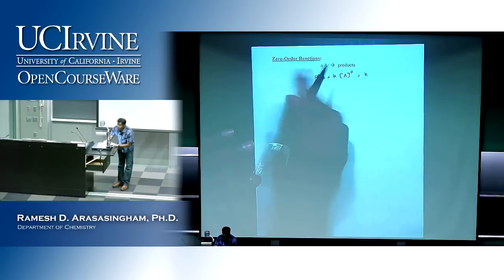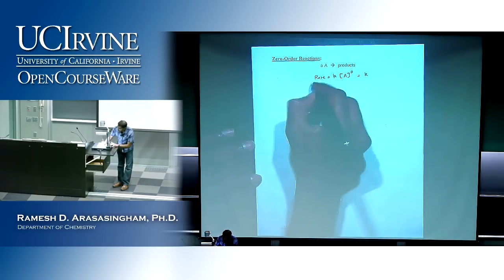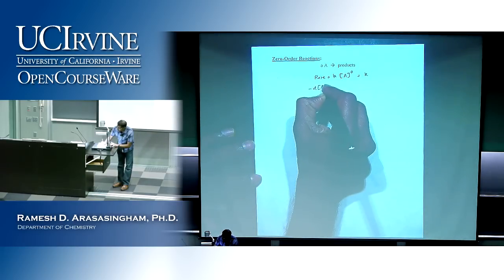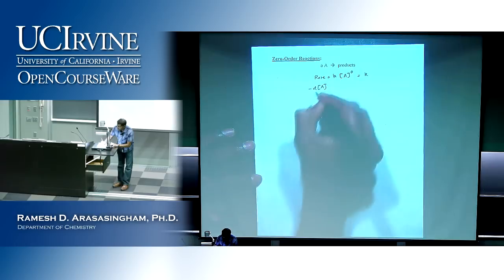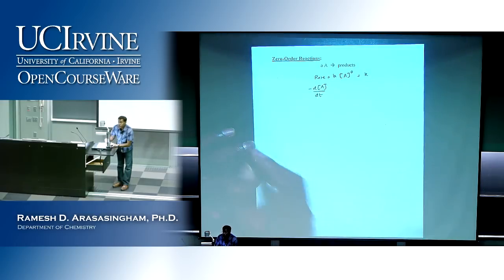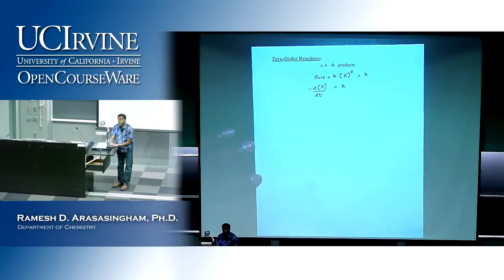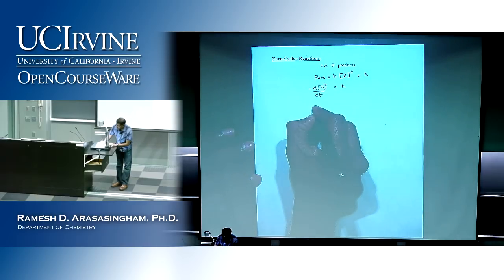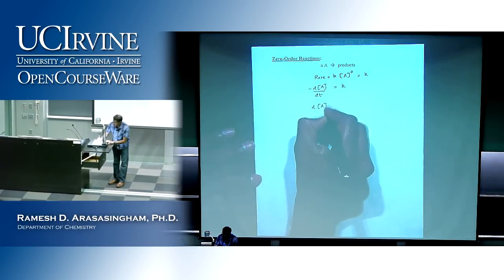Now I need to derive the integrated rate law, so I'm going to look at small incremental changes of concentration of A as a function of time, giving me k. Now I'm going to rearrange this equation so that I put all the concentration terms on one side and everything else on the other. So this would be d[A].